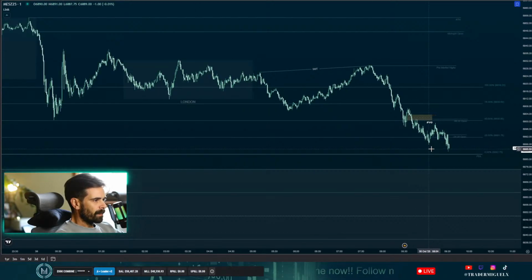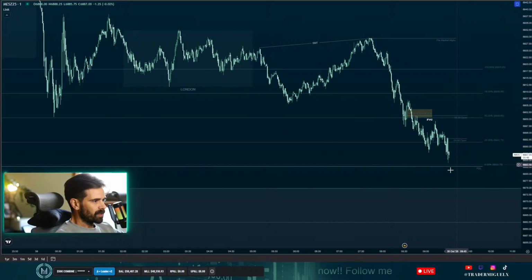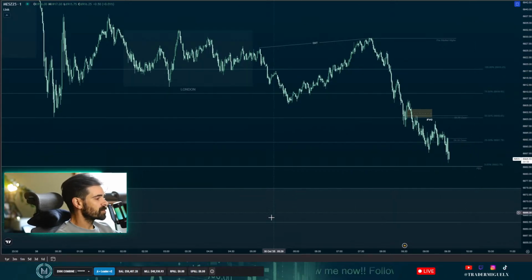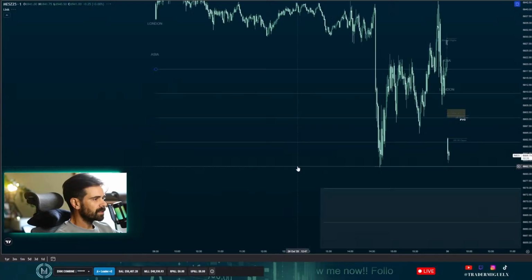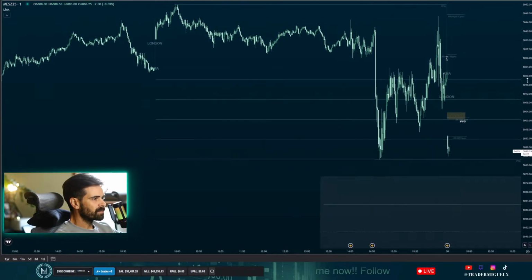So, 9:30 open. Previous day low is right here. These levels that I marked here are the previous weekly and the previous daily wick. Let's see if we have some sort of displacement lower or not.